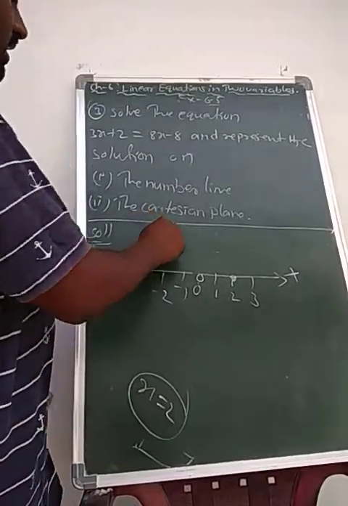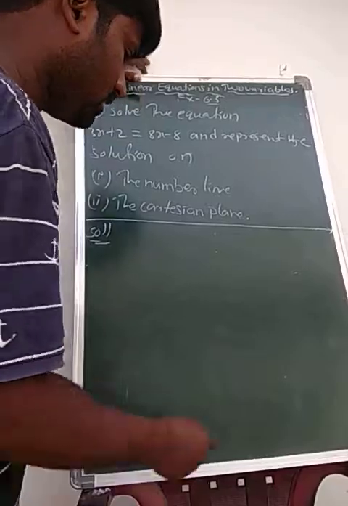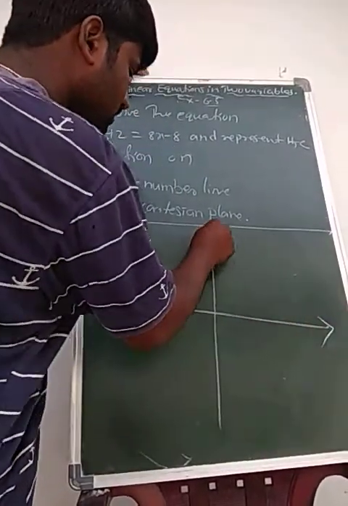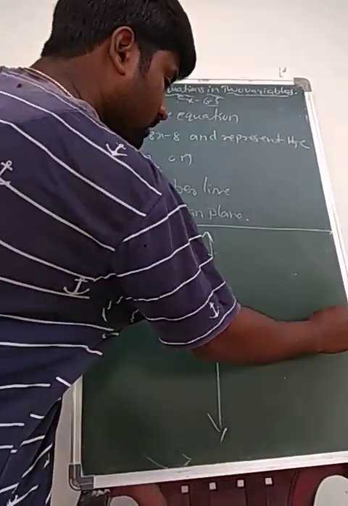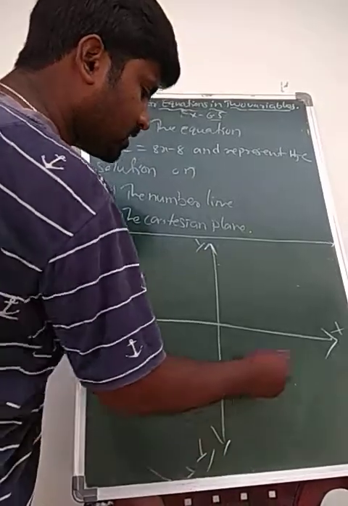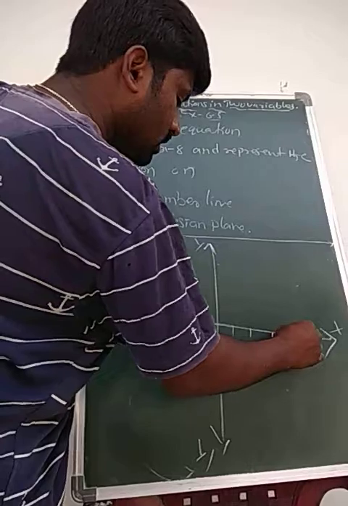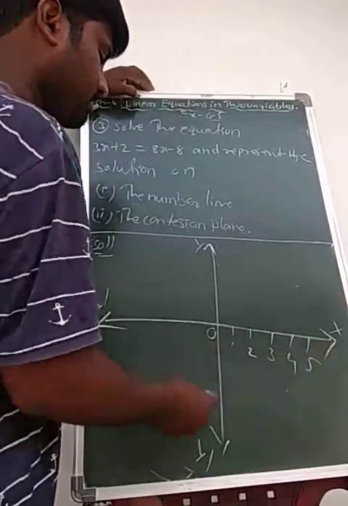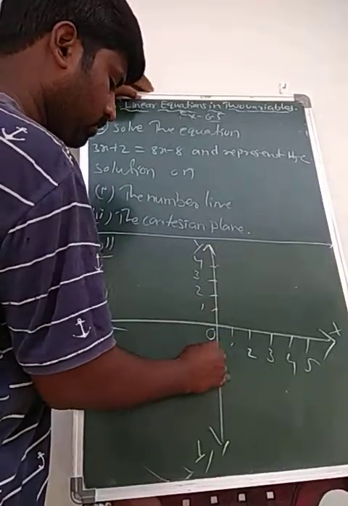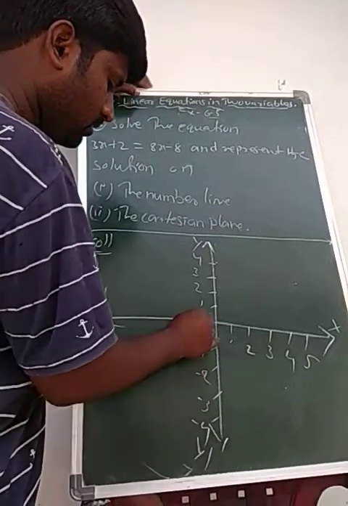On the Cartesian plane, again you draw the vertical axis and the horizontal axis: X dash, Y dash, origin, 1, 2, 3, 4, 5, minus 1, minus 2, minus 3, minus 4.